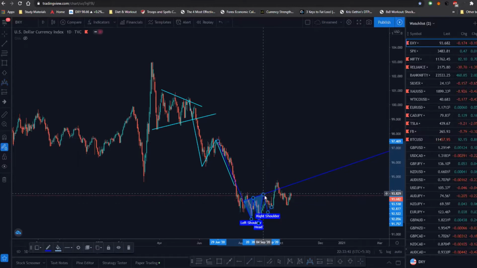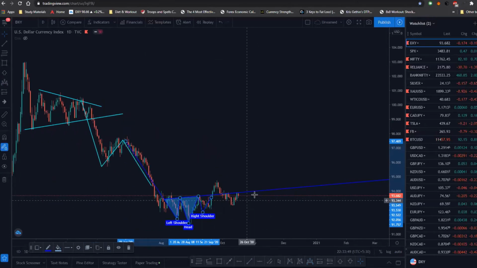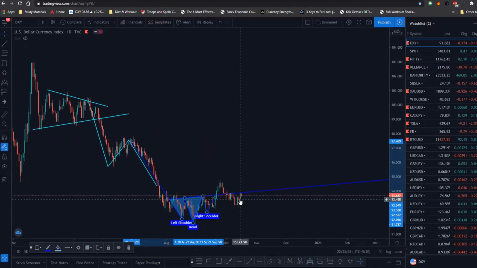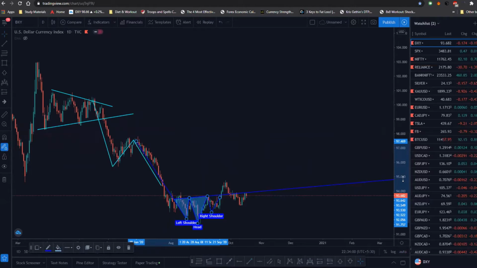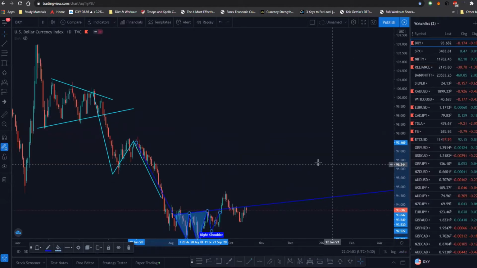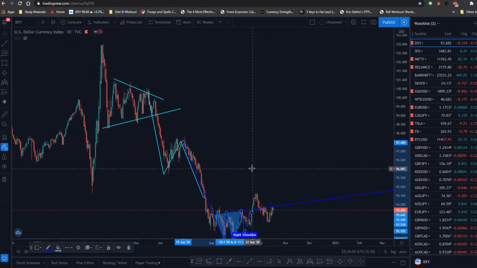That's not a great one. Let me make it proper. Yeah, so we have the neckline which is breaching, and then it did a pullback after the break, and we have a 3-bar candle as well.